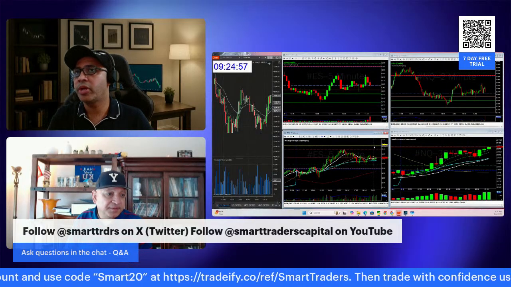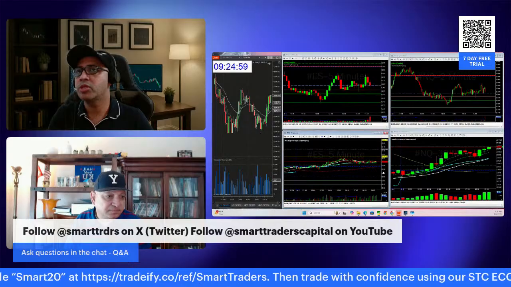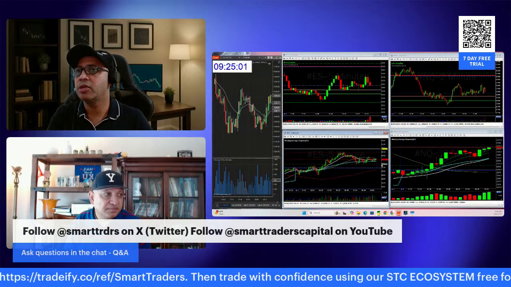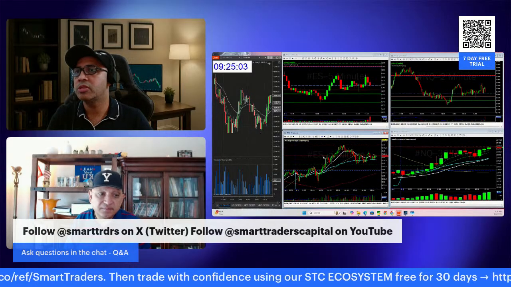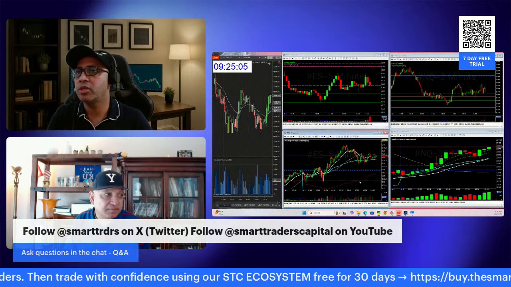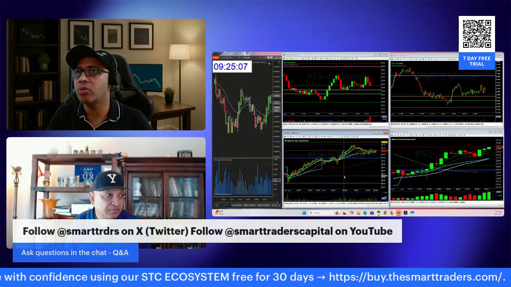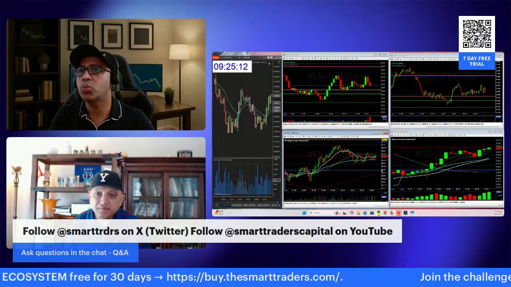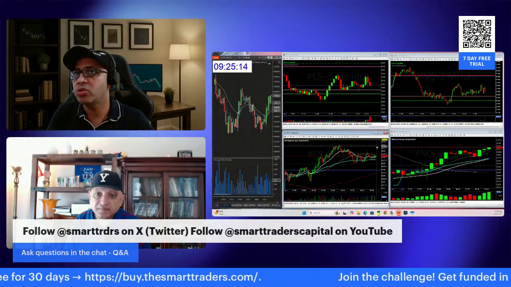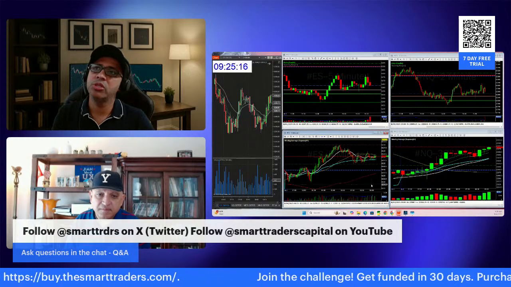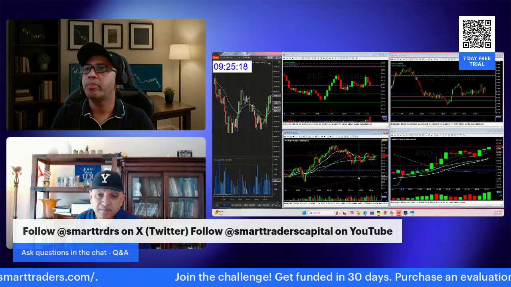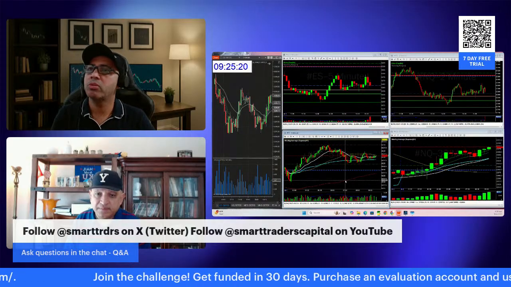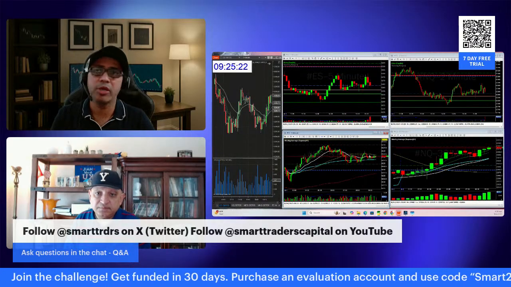If it can break out, then we can look for the upside move. But if it fails at these levels, then there's likelihood that the ES can go and retest the Friday low. But I would encourage not to take any trade between 6,290 to 6,310, a very tight range. We don't know where the market is going to move. But once we see a clear momentum and breakout in one direction, then we can join that direction.